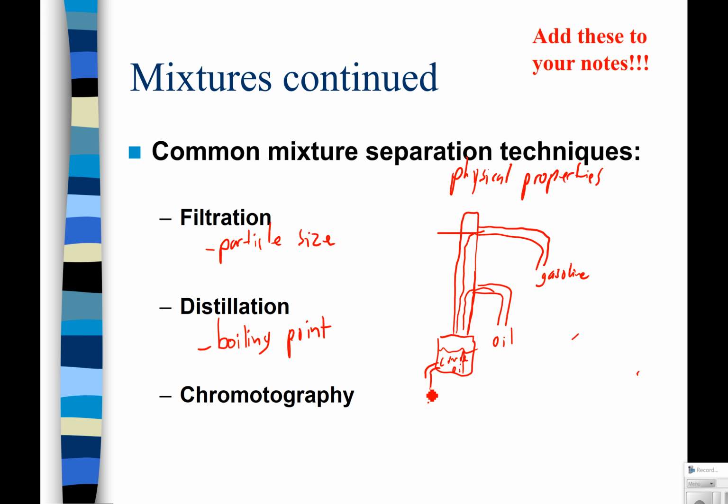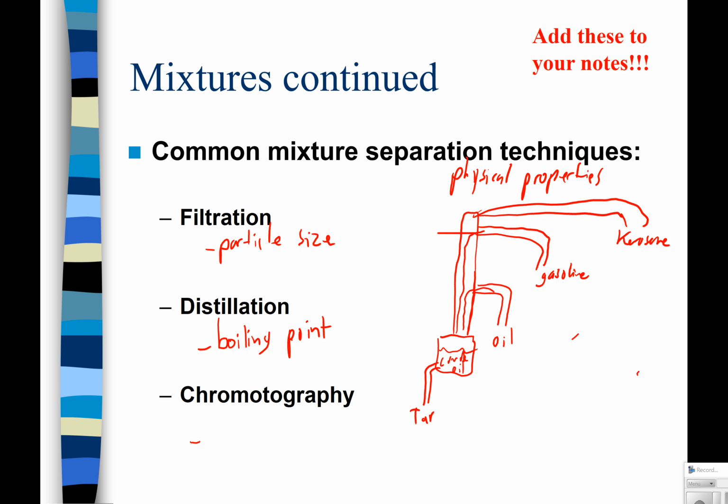Down here, we're going to get things that you would use on your driveway, like tar. That's kind of all the leftover garbage at the end. We might get things like kerosene, propane. We're going to get all these different substances from our crude oil using distillation. And again, that uses the physical property of boiling point to separate those components.